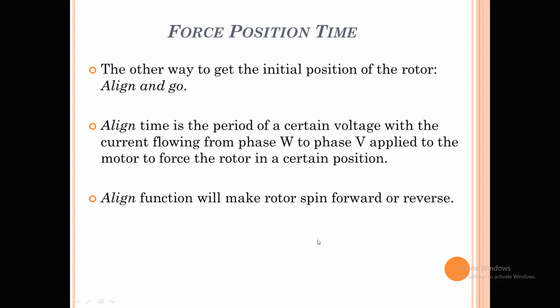When we talk about the time, the Align time is a period in which a certain voltage with current flowing from phase W to V is applied to the motor to force the rotor to a certain position. This time is selected based on the motor and the different applications. In some cases, if your motor inertia is very high, you need to select a higher time duration so your motor aligns perfectly, or you can say your motor will start perfectly.